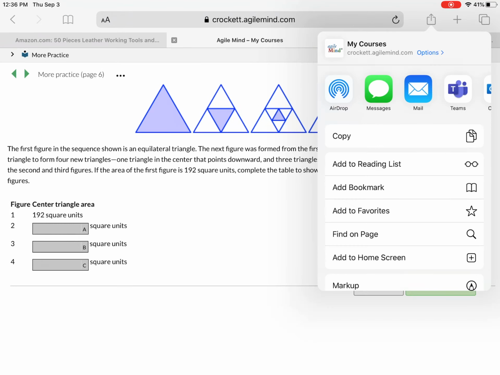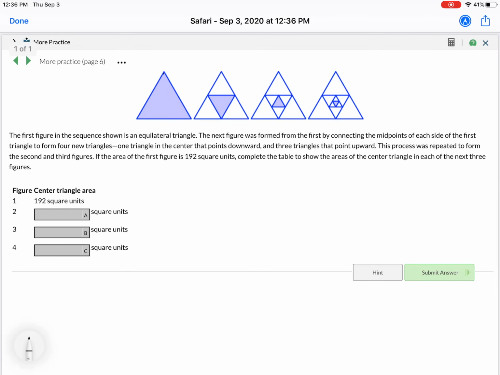Okay, so look, we have a, wait, let me give a markup. We have a triangle. Okay, the next one has 1, 2, 3, 4. The next one has 1, 2, 3, 4, 5, 6, 7. 1, 2, 3, 4, 5, 6, 7, 8, 9, 10.